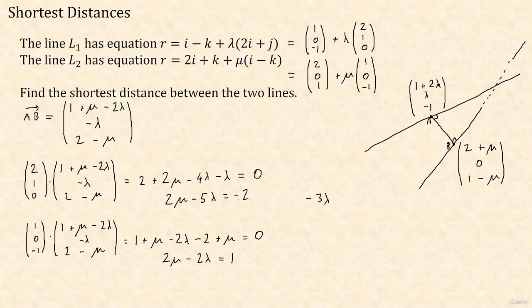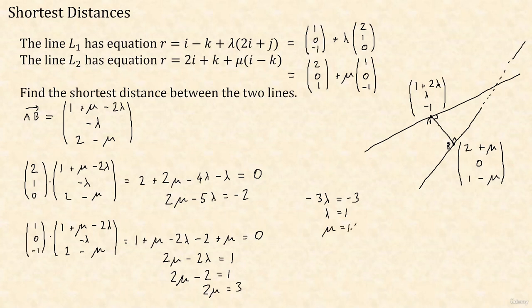And then minus 2 minus 1 is minus 3. So we get lambda equals 1. And I can now find mu by subbing in, because subbing in here I'm going to get 2 mu minus 2 equals 1. So 2 mu equals 3, and we get mu is 1.5.